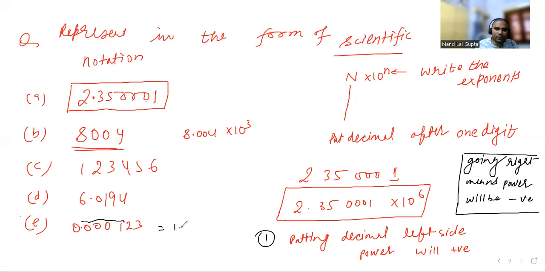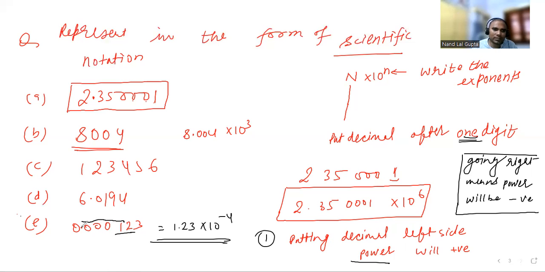So the answer will be 1.23 into 10 power, how much is it going? 1, 2, 3, 4. So it is going to be minus 4. Because they are saying put the decimal after one numeral digit, which is 1. So after 1 I put the decimal: 1.23 into 10 power minus 4.